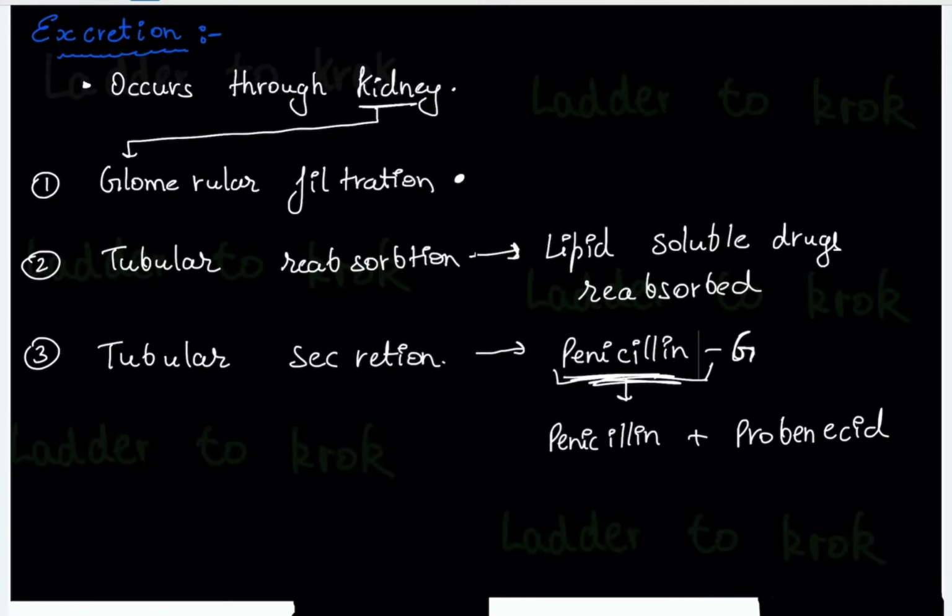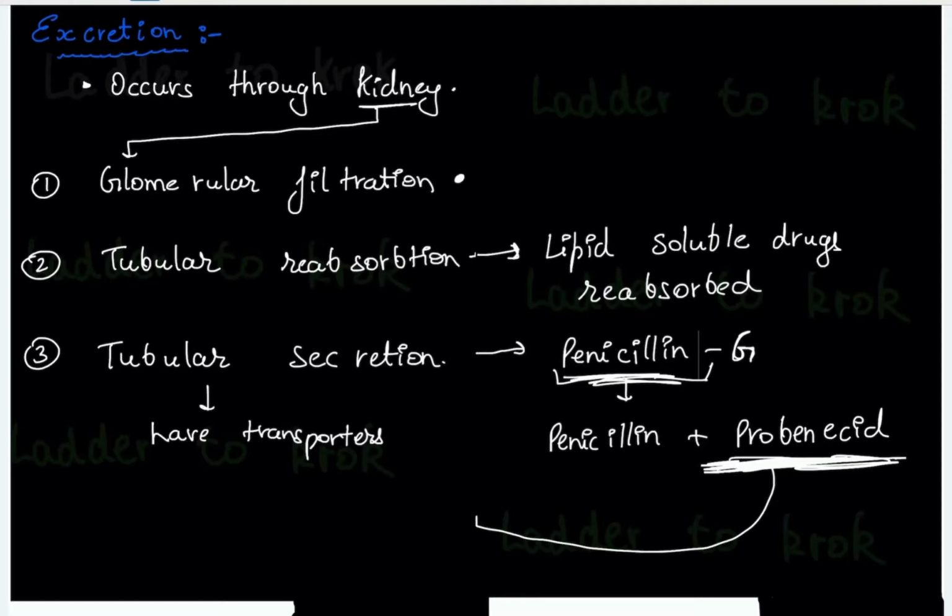This probenecid has a very high affinity for transporters. As I told you, tubular secretion has transporters, and they are saturable, meaning one molecule passes at a time. So probenecid has higher affinity for these transporters, and it also binds with penicillin.